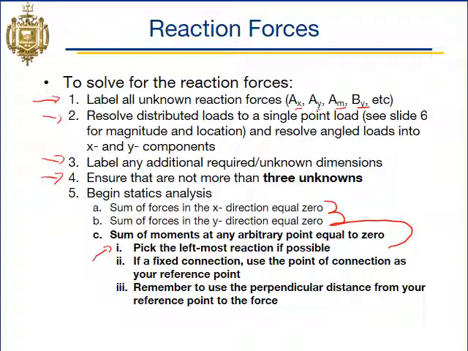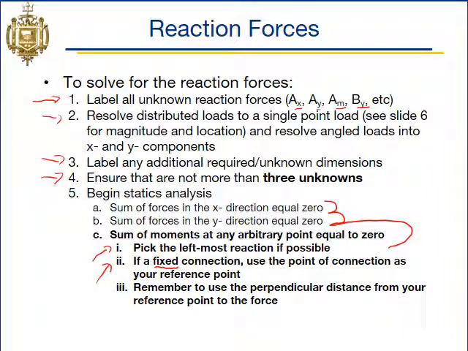So that usually lets me solve for one of my unknown reaction forces. If you have a fixed connection, right, a fixed connection has three unknowns. So if you have a fixed connection, you probably won't see multiple connections on your beam. If it's just fixed, you have three unknowns, so that's all you can really solve for. So when you do your moment equation for a fixed connection, always pick the fixed end, and that will allow you to solve for your reaction moment at the fixed end.